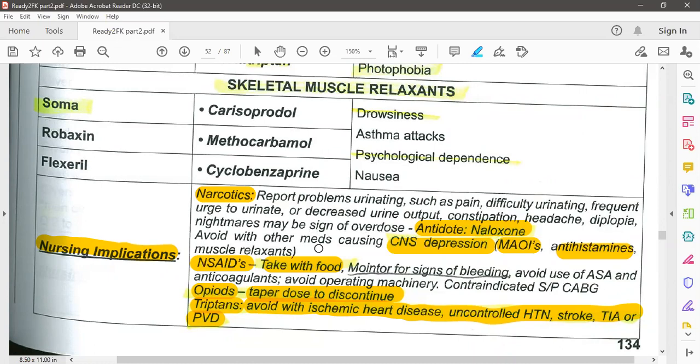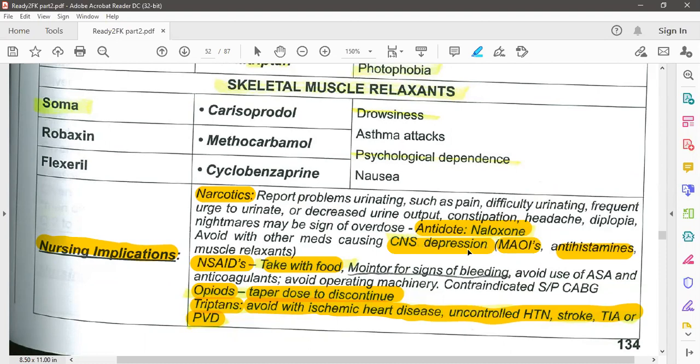Avoid other medicine that causes central nervous system depression, because all narcotics, all opioids, have a common side effect. They can cause respiratory depression. So as an RN or LPN, monitoring the respiratory status is the top priority. And we hold the medicine if the respirations are below 10 per minute.